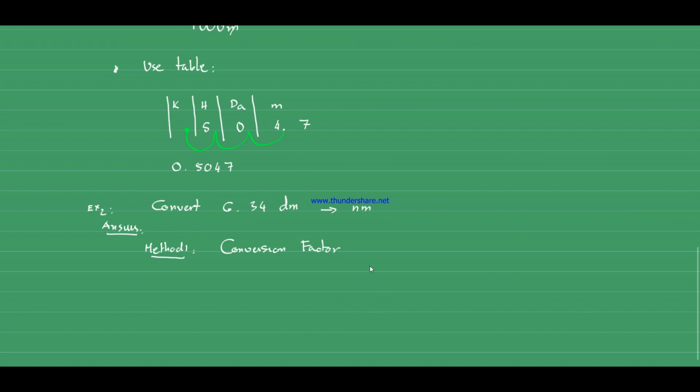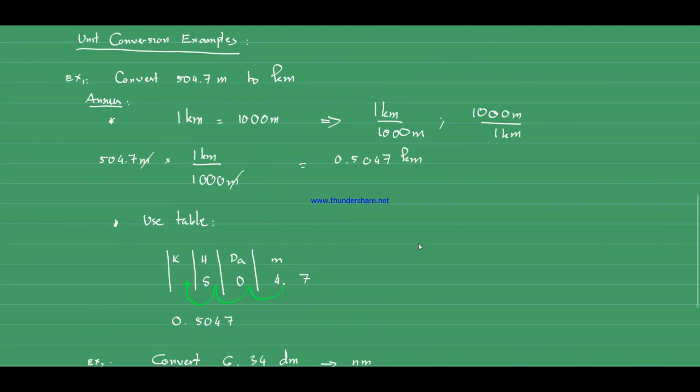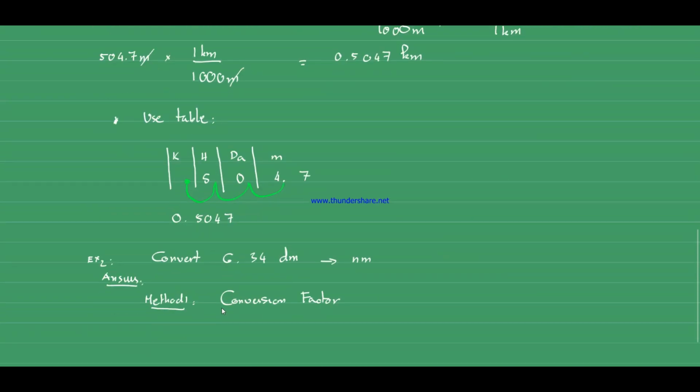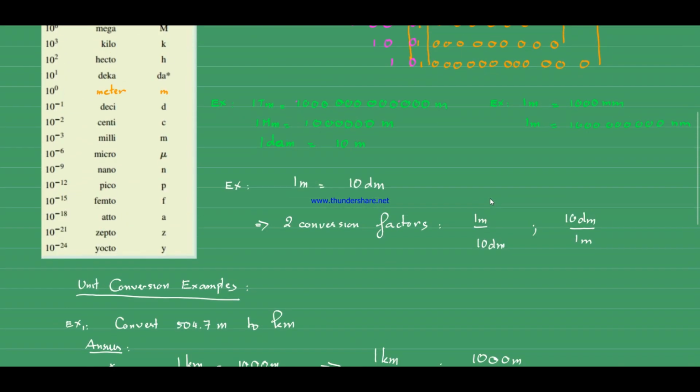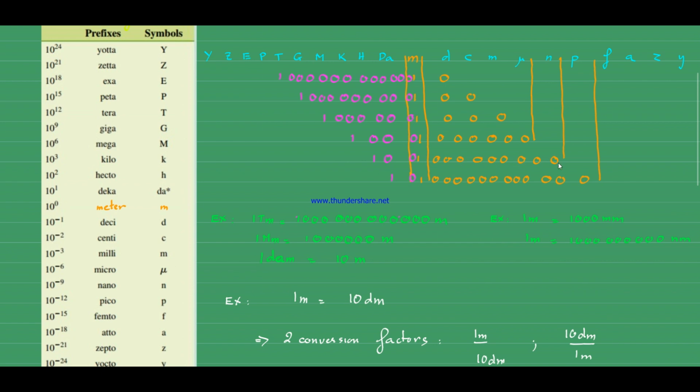Okay, so conversion factor, we need to know the relation. So we go from decimeter, so decimeter here. Instead of putting number 1 in the meter, we gotta start with decimeter. So decimeter to nano, so we have one, how many numbers do we have? From meter to nano, we have 1 2 3 4 5, so we have 9.